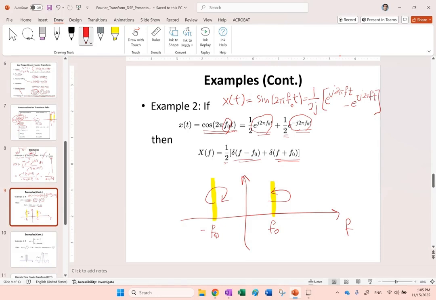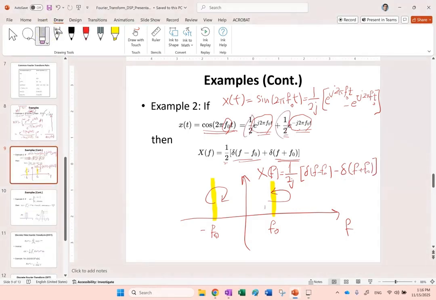So if you calculate it, what would you get? The x of f for the sine function is going to be 1 over 2j times delta of f minus f naught, minus delta of f plus f naught. So like this.